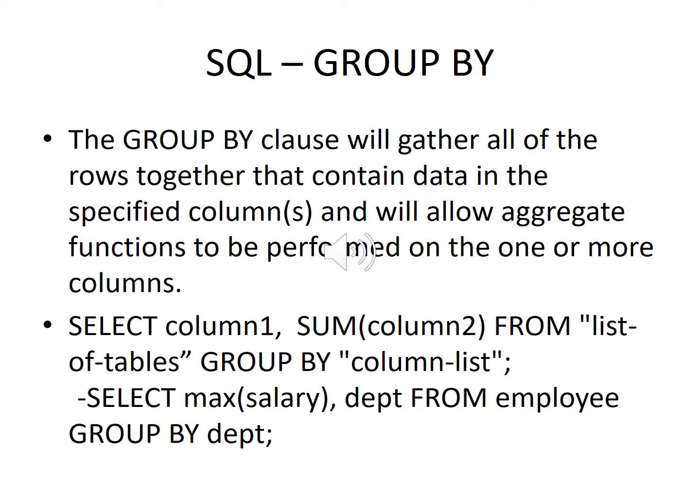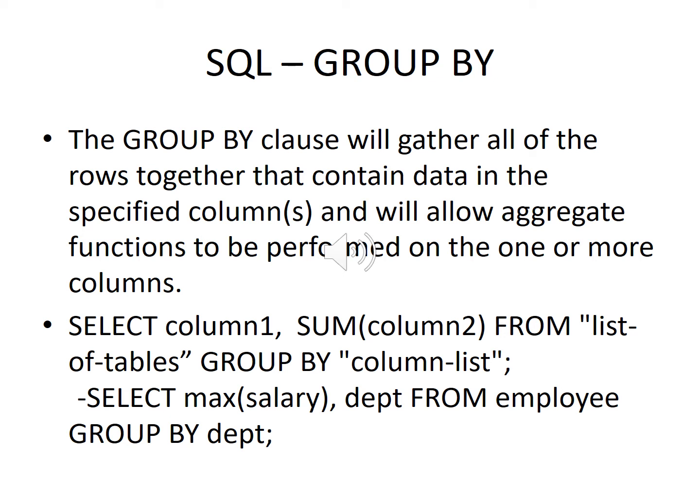The statement that would let us achieve that would be select. Then we would use the aggregate function max on the column salary, which will select the top salary. Then we would list the department, and then we would use the keyword from, and then the name of the table, employee.